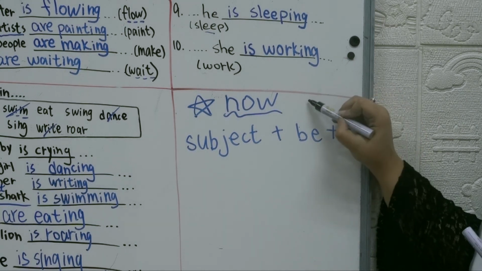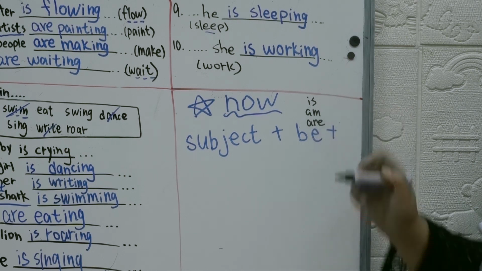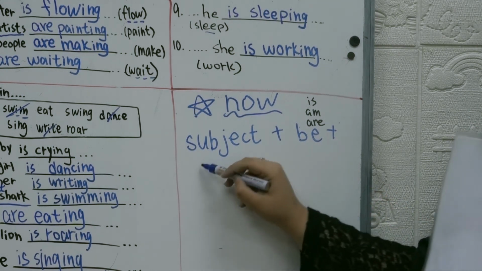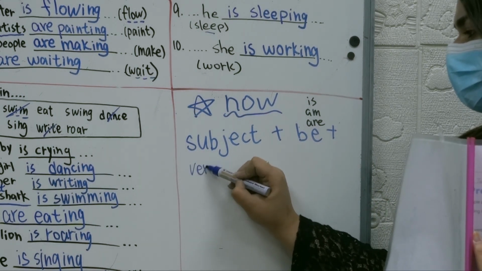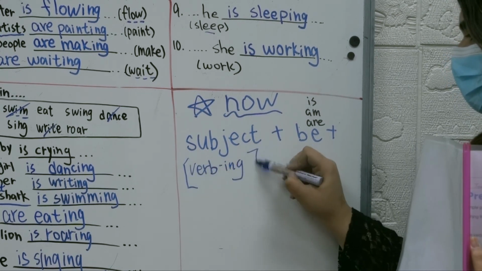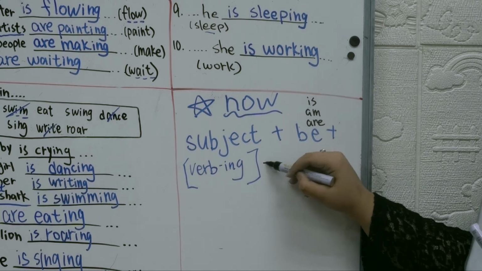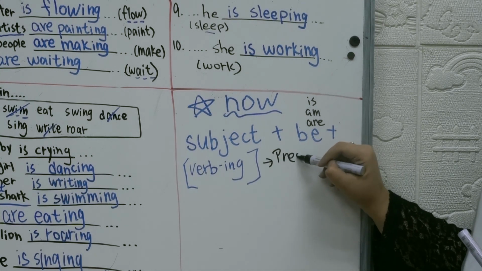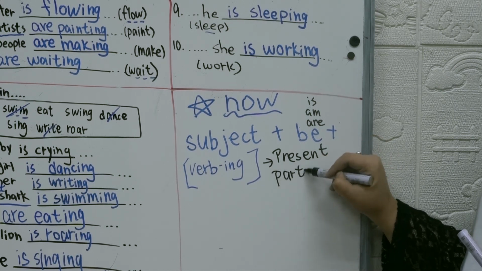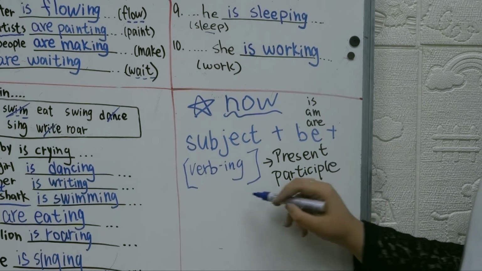Remember, very important. Is, am, and then are. Excellent. And then after is, am, are, what do we have to do? Yes, verb, ing. What do we call this? What form is it? Present participle. Yes. Remember that. And then we can add object.